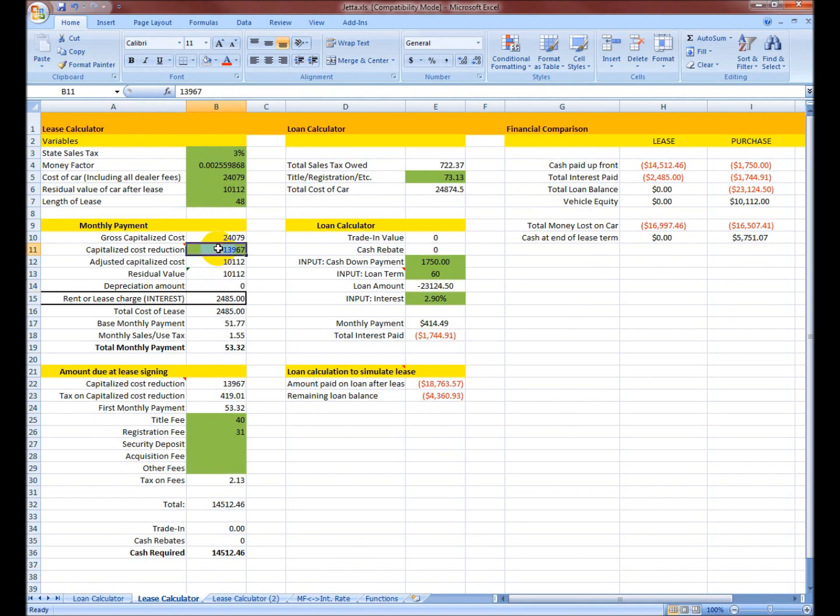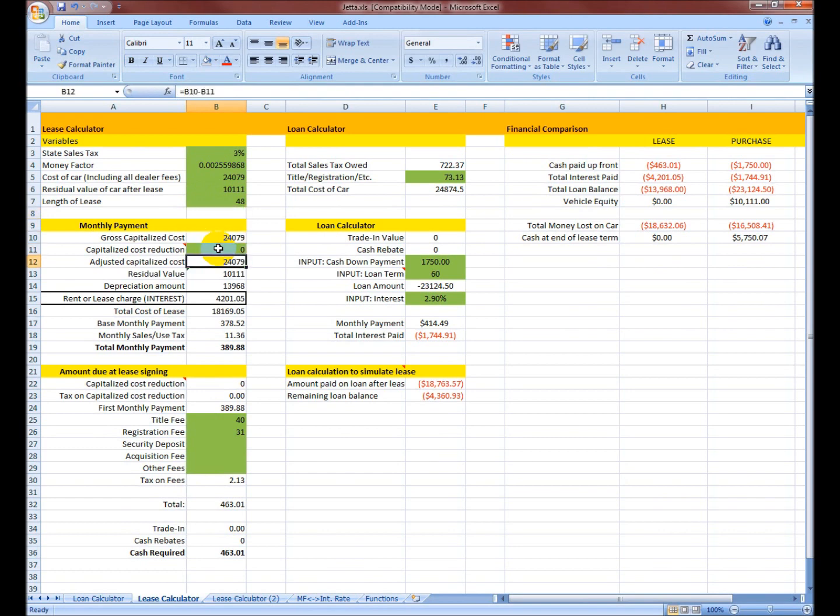The second part of that function does use residual value, and the higher the residual value, the higher the lease charge. However, that is somewhat offset because now you have a lower depreciation amount, and it ends up lowering your monthly payment. So here you can see the lease charge is $4,801 and our total cost is $13,880. So let's lower this back down again.